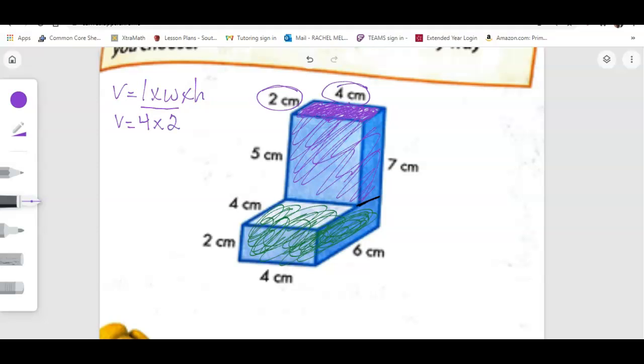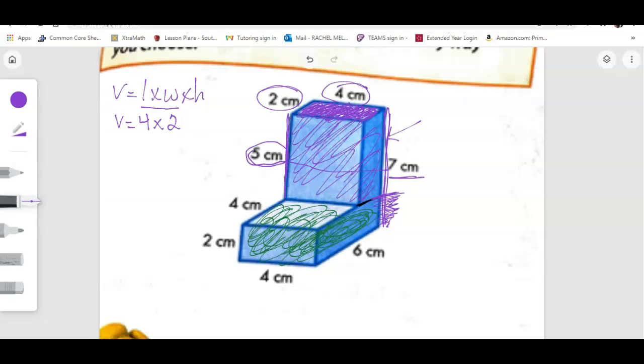Now here's where it gets a little tricky. I want this piece right here, but this 7 centimeters is for the entire shape, up and down here. I don't want this piece because this all goes in the green shape. If I look across over here, this whole thing was 7, but this right here is 5.